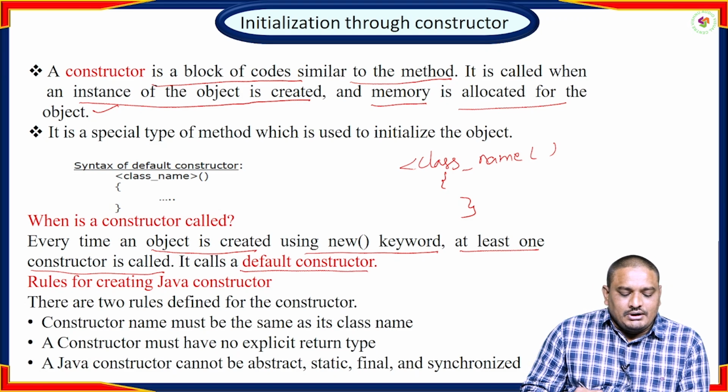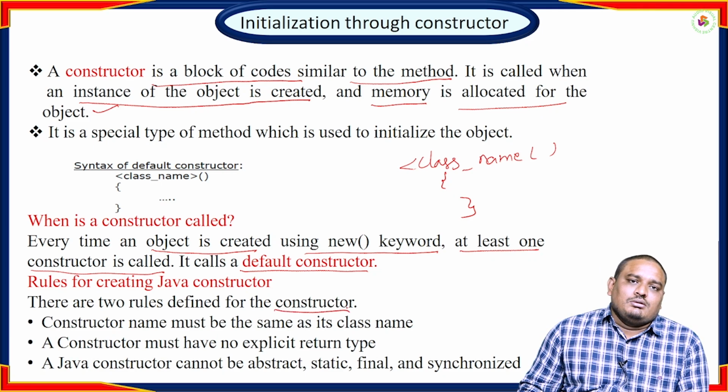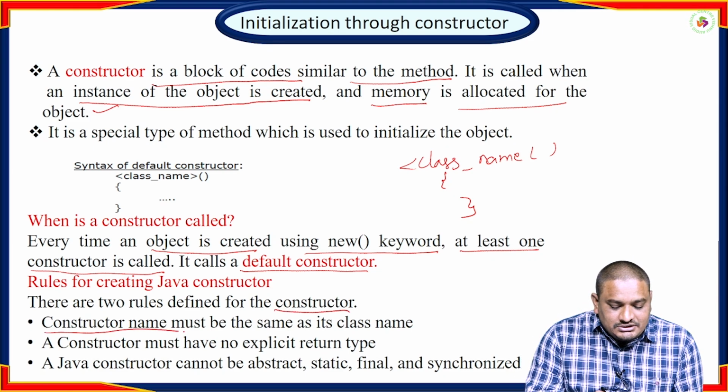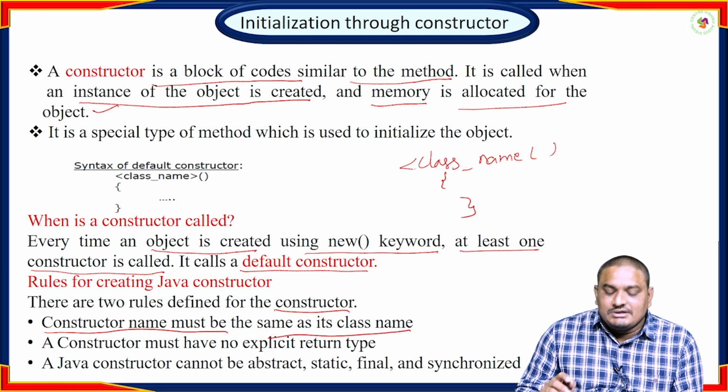What are the rules for creating a constructor? The first rule is that the constructor name must be the same as its class name.